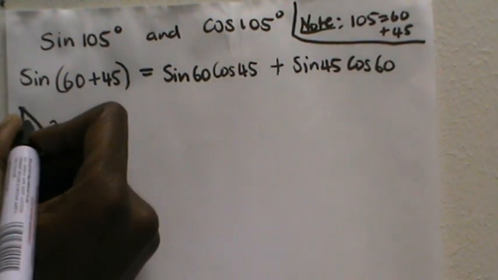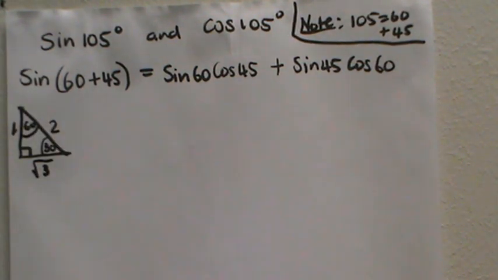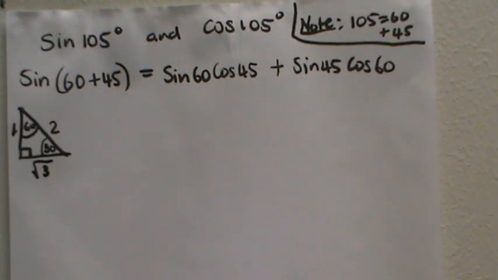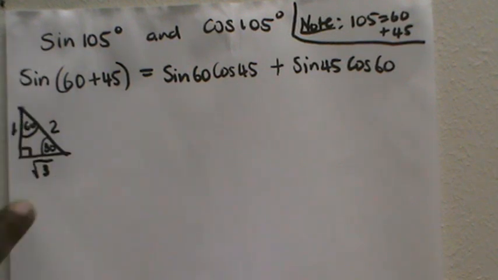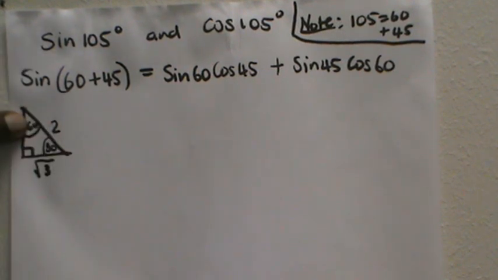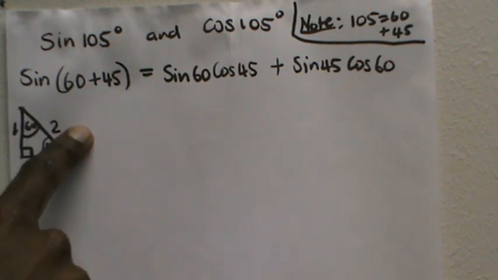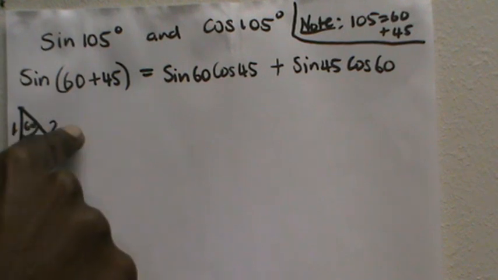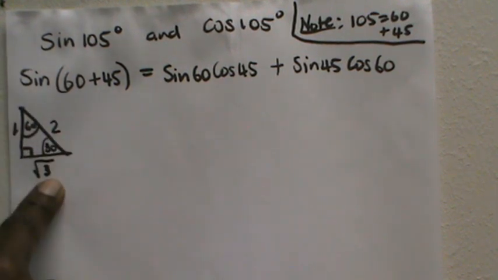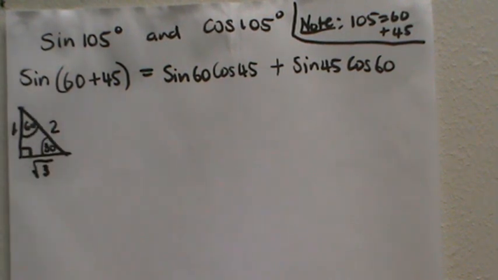So if this is 30, this is 60 over there. I put 30 somewhere. It doesn't matter whether I put it there or there, as long as I remember that sine of 30 is equal to half. So it's 1 over 2 makes half. The other side I put 3 under a square root, and I'm done.